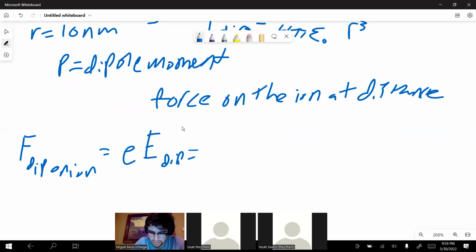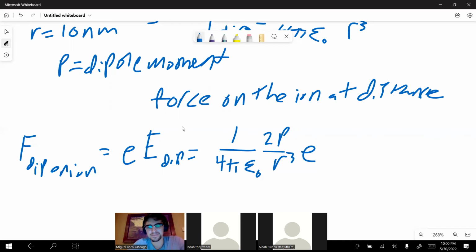So all it really is, it's just one difference. I guess it depends on how you want to write it, but it goes 1 over 4 pi times epsilon naught times 2. I'm going to write it a little bit differently because I need to separate it in my brain, times E.